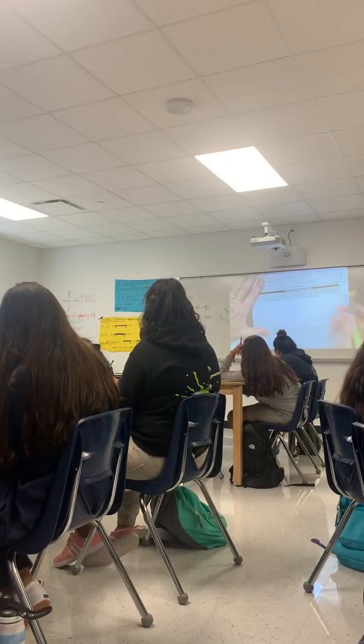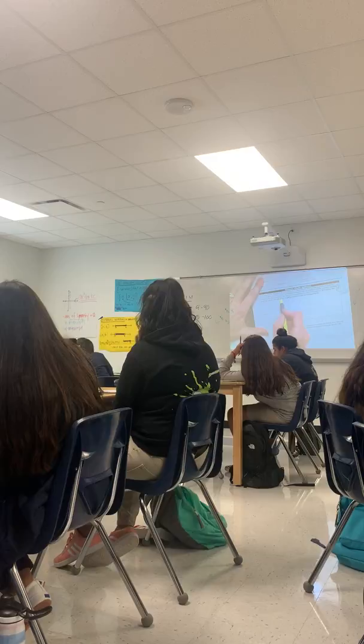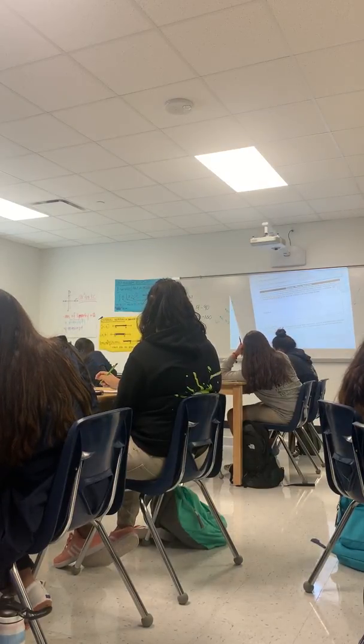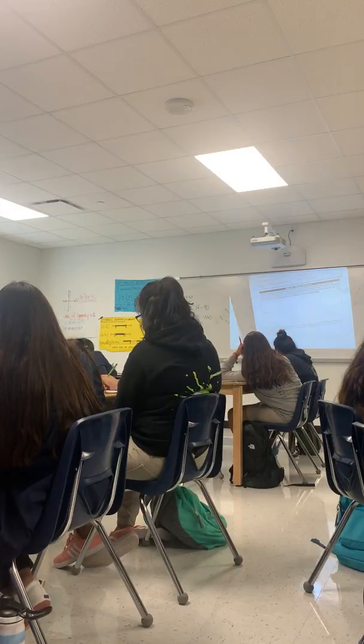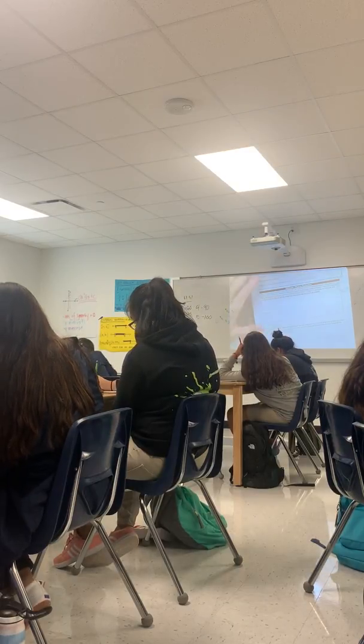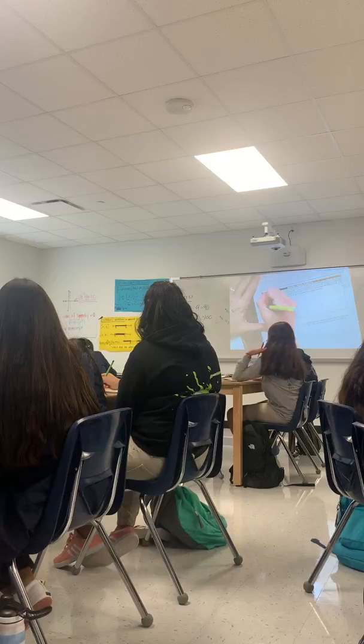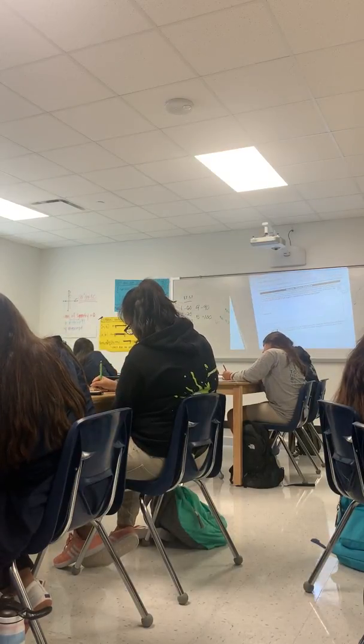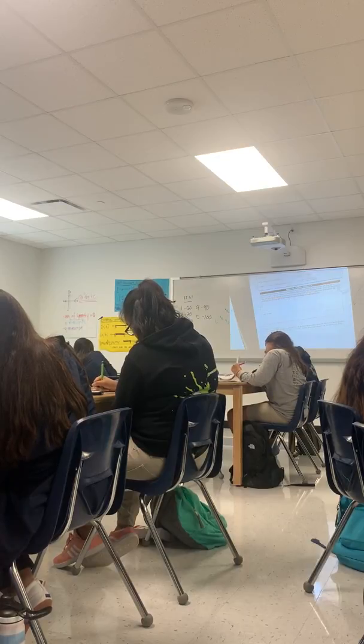So now it says find and interpret the average rate of change from 1.25 to 1.75 seconds. So, average rate of change is the change in y over the change in x. Remember, it would be a slope if this were a line, but it's not a line.